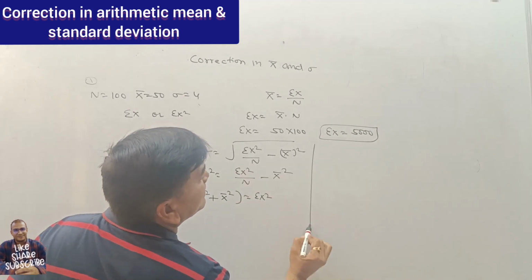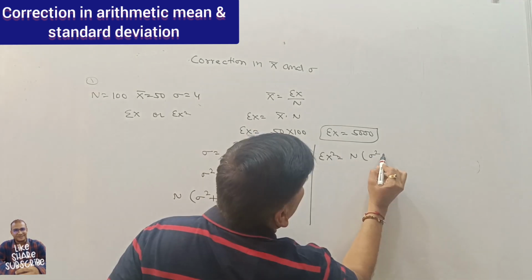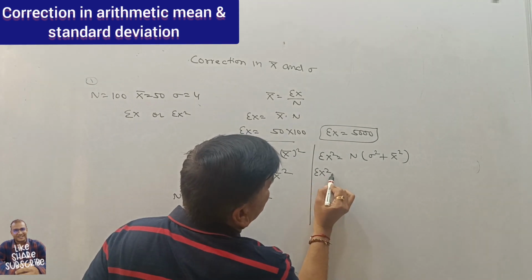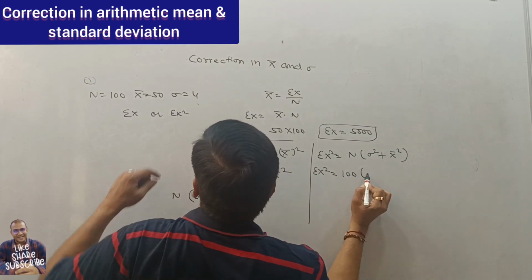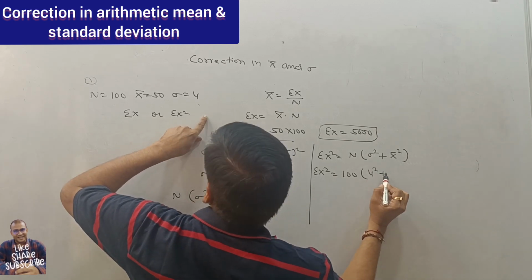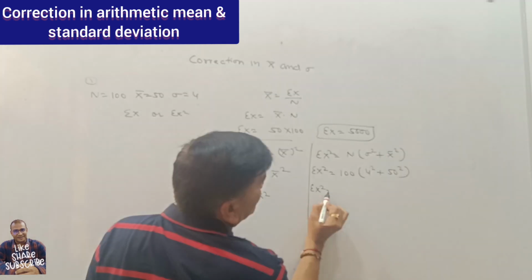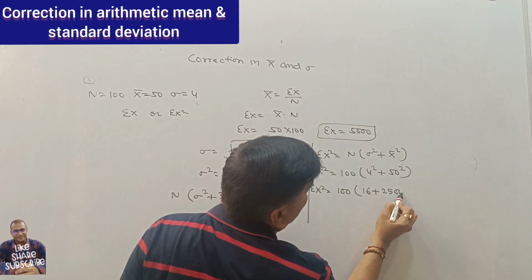So sigma x square is n times standard deviation square plus x bar square. Here n is 100, standard deviation is 4 raised to power 2, x bar is 50 raised to power 2. So sigma x square is 100 times 16 plus 2500.